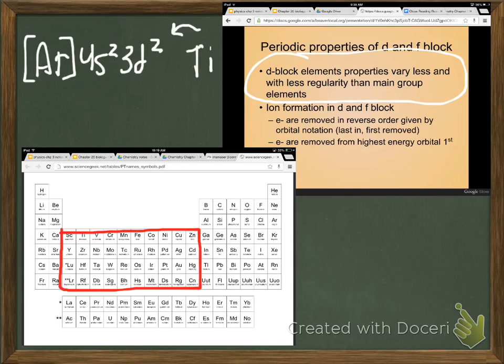Okay, we've got argon 4s2 3d2. Now the reason that we're real careful about using the term valence electrons with the D block, remember that valence is the electrons on the highest main occupied energy level. What's the highest main occupied energy level in titanium? 4s. 4 is the highest main occupied energy level.